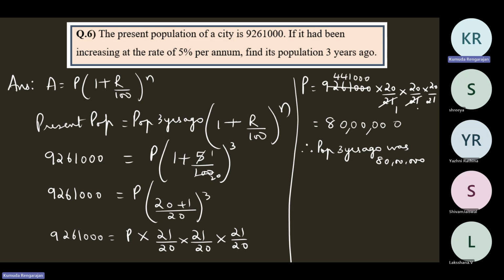Then again 21 ones are 21,21,000. Because we have seen in the chapter cubes and cube roots that 21 cubed is 9261, you can directly divide using the tables of 21.